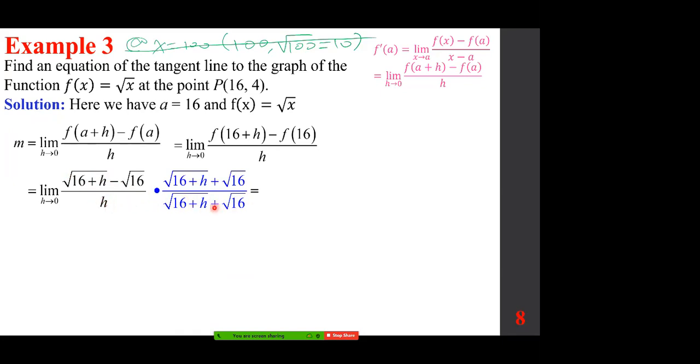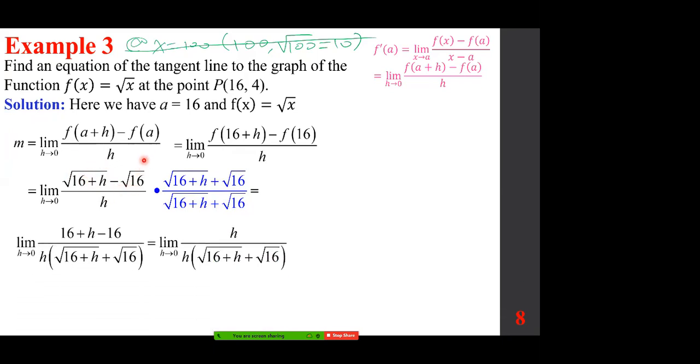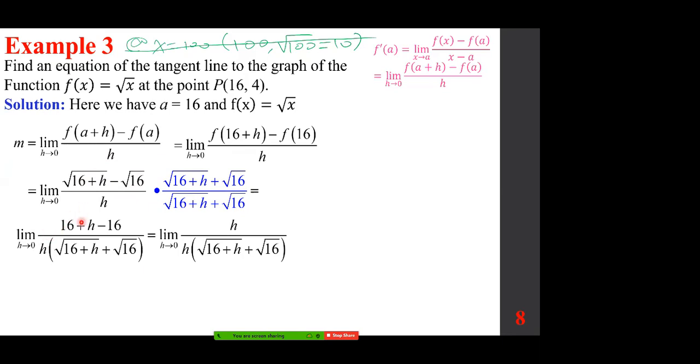The top, this comes out, minus this comes out. So 16 cancels out negative 16, you have h, and the denominator is in the form of a product. So h drops. See, I'm still keeping square root of 16 as square root of 16 instead of 4. That's okay, class. I just want you to see what happens.